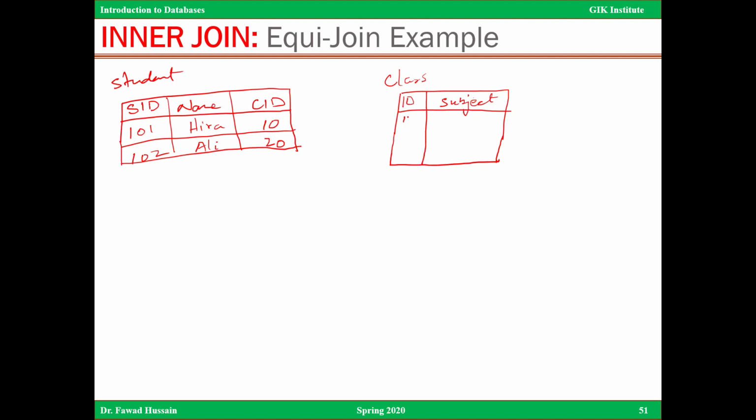So let's say if you belong to class number 10, you are taught math, and if you belong to class number 10, you are also taught English, and if you belong to class number 20, you are taught, for instance, AI.